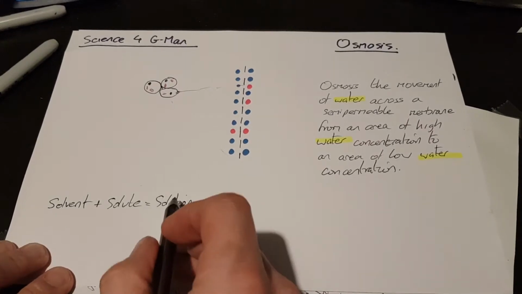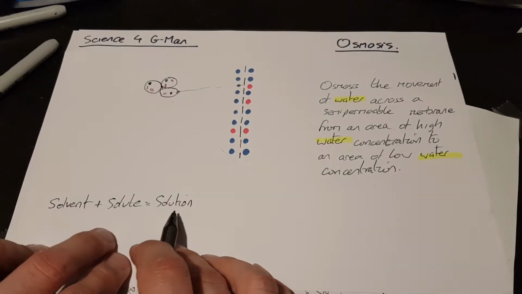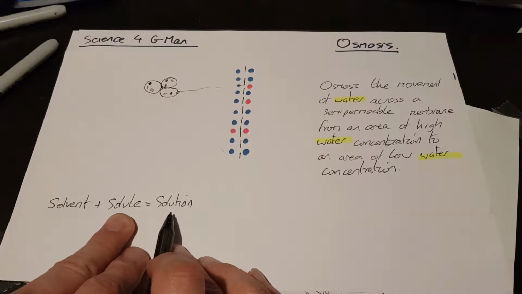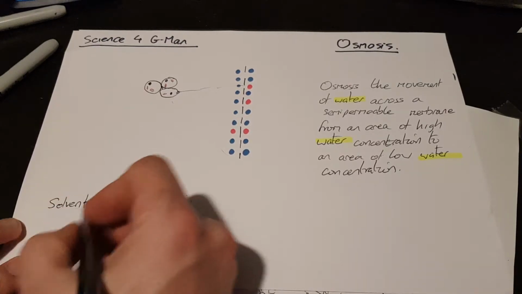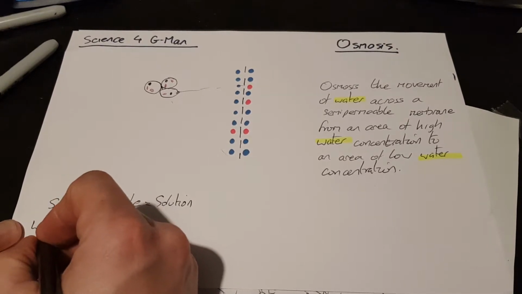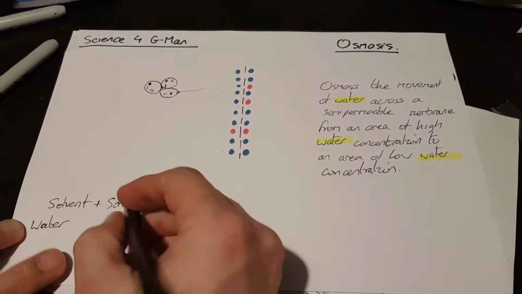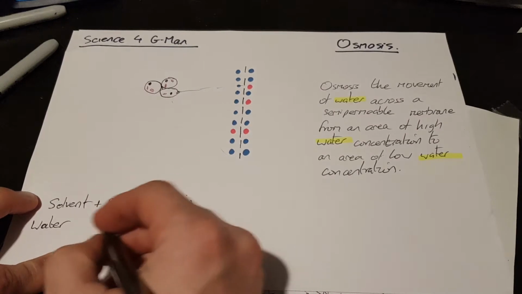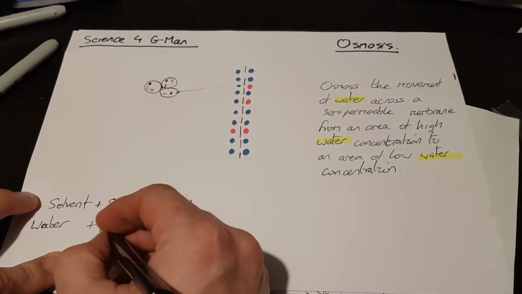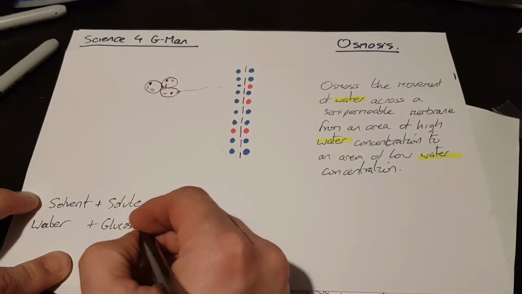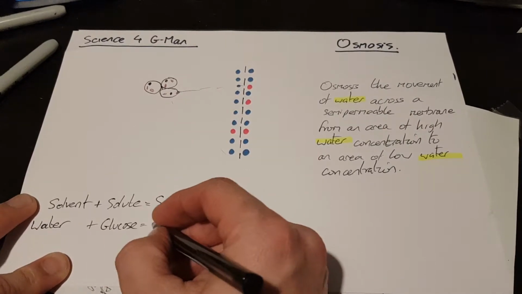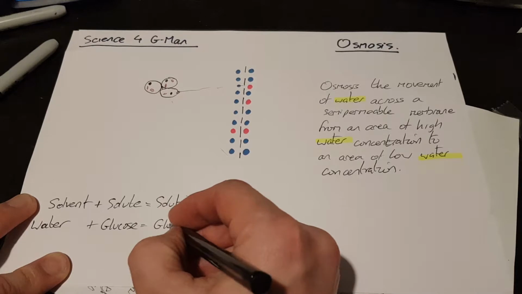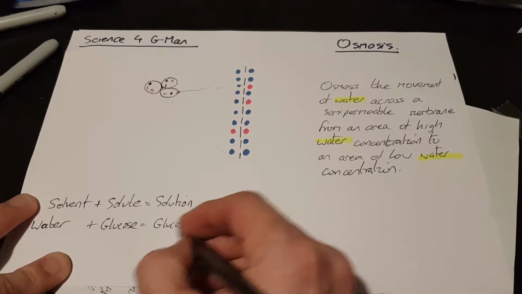And when we're talking about the concentration of solutions, we're always talking about the amount of solute in it. Okay, so our solvent is water. Let's pretend this is glucose, our solute, equals a glucose solution.